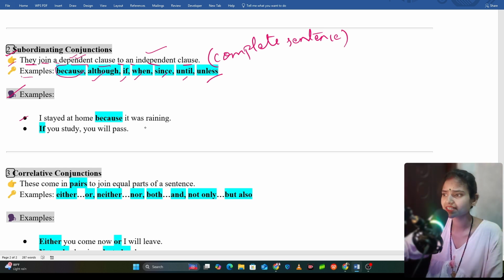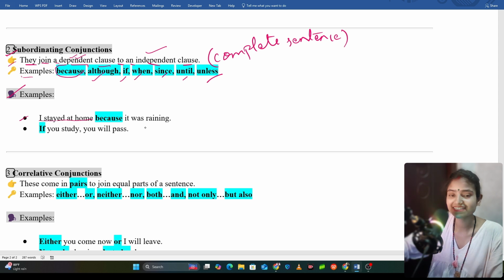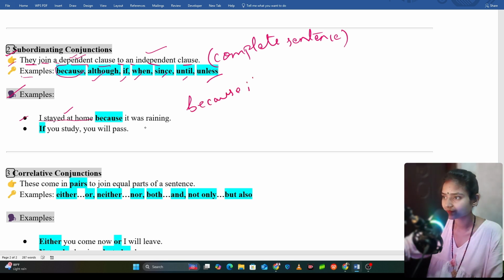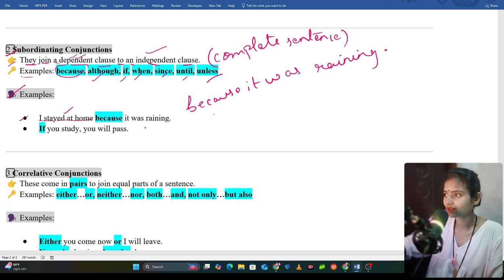So where is the complete sentence here? Can you see here, I stayed at home. Yes or no? I stayed at home. This is our complete sentence. So if I say because it was raining. Because it was raining. Okay, what is this?